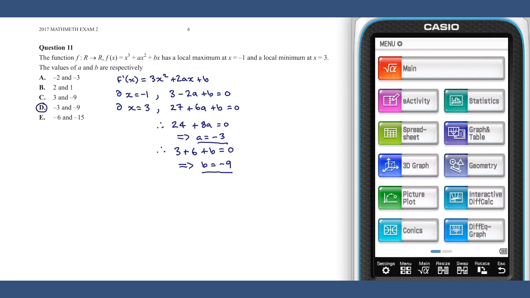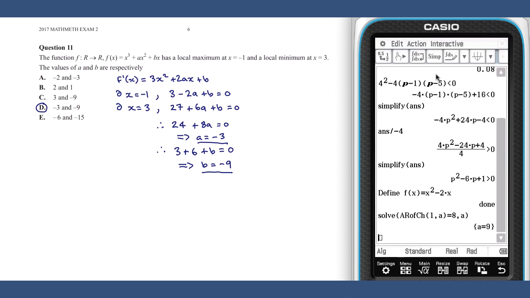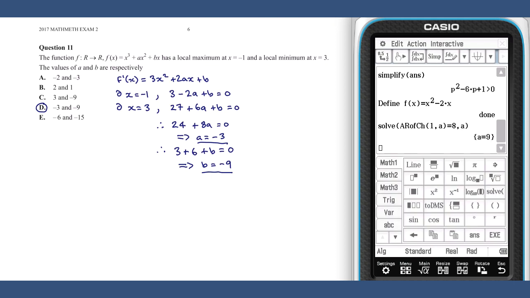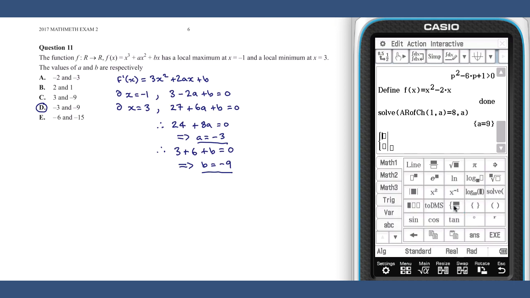A similar solution can be implemented on our class pad. We will solve a system of two equations with two unknowns.